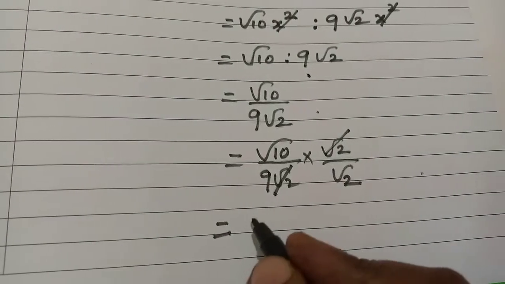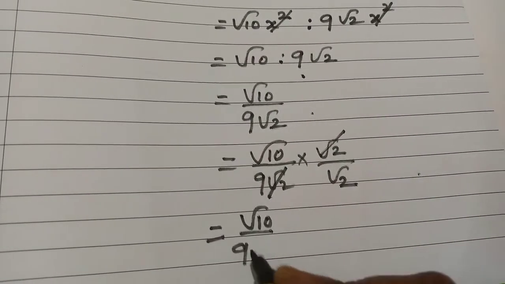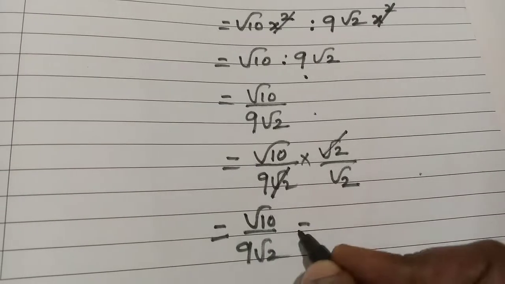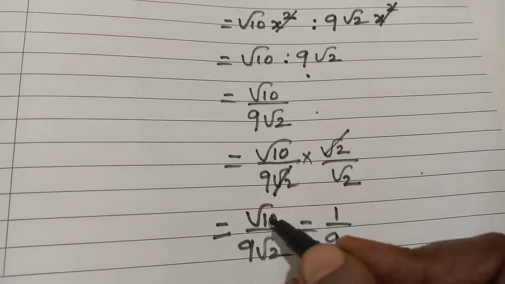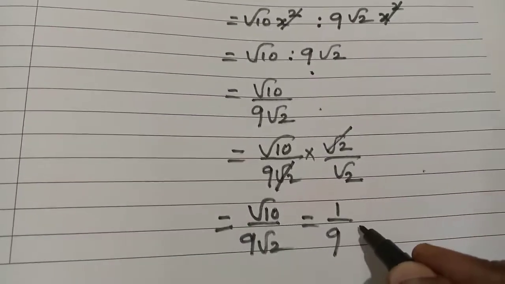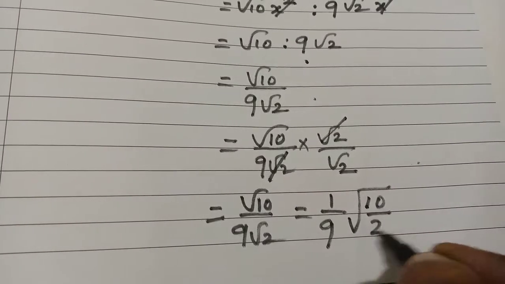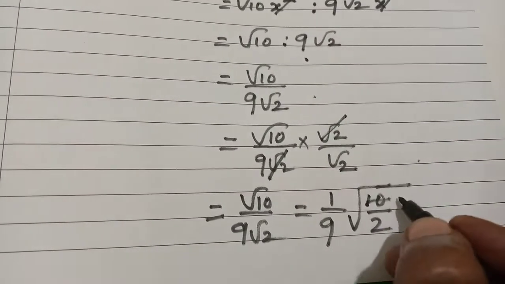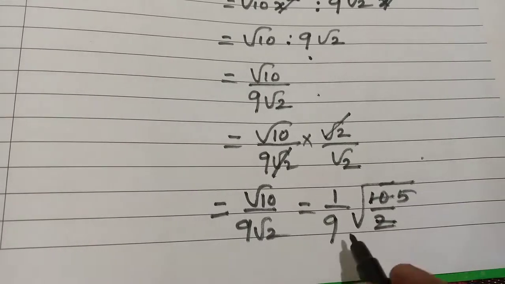Here root 2 can be cancelled. Remaining we have 1 by 9 into root 10 by 2 written together under the root. Here 5 can be cancelled: 1 2 is 2, 5 2 is 10.